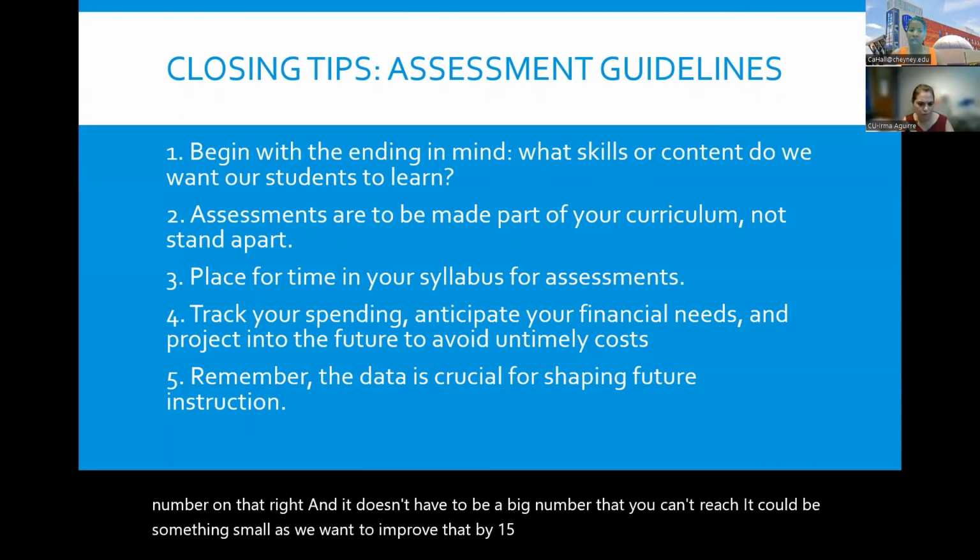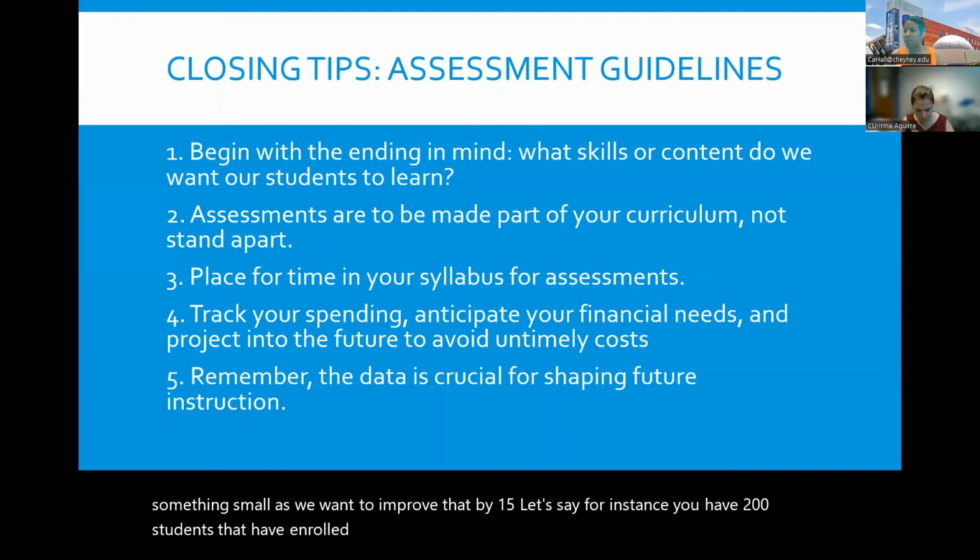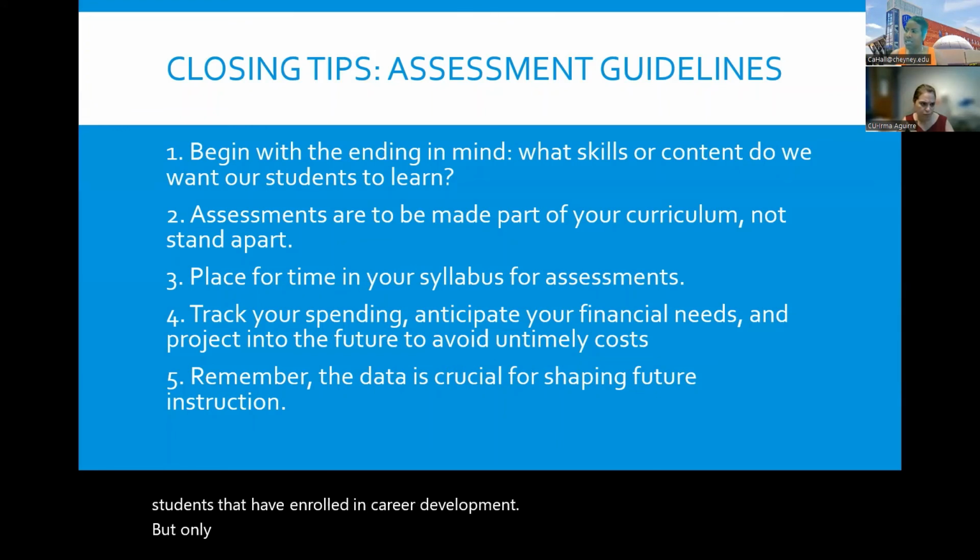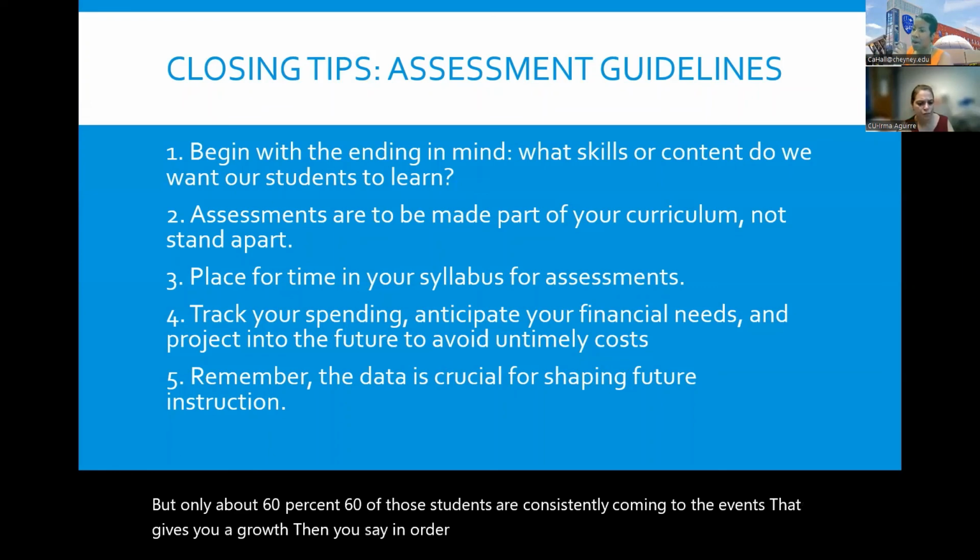Let's, for instance, say you have 200 students that have enrolled in career development, but only about 60% of those students are consistently coming to the events. That gives you a growth area.